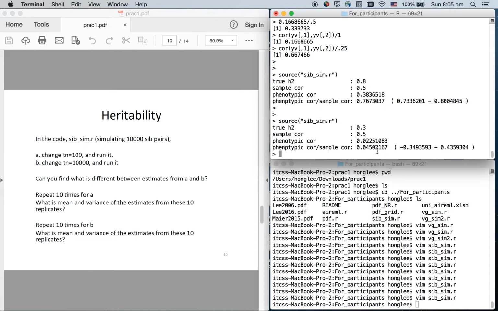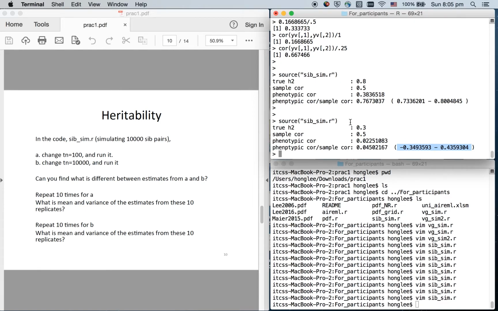Okay, can you see? The true heritability is 0.3, and we used the full SIP design. Now the phenotypic correlation is around 0.02, then divided by 0.5 will give around 0.04. This is quite far from the true value, but the confidence interval is huge, from minus 0.3 to 0.4.